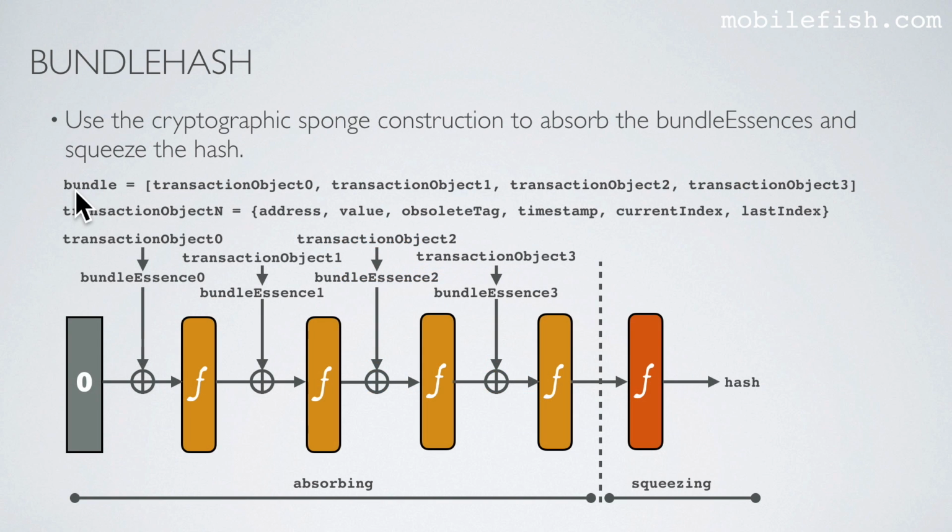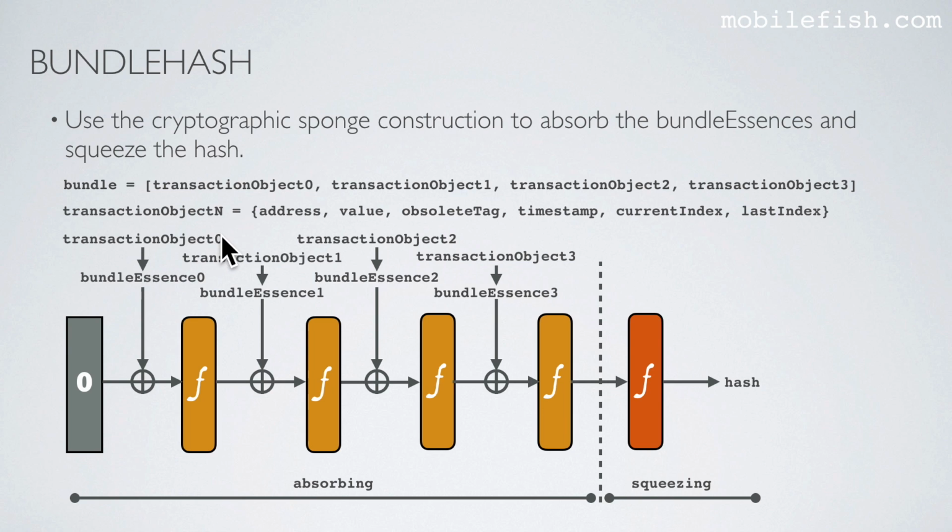A transaction bundle consists of multiple transaction objects. Each transaction object has an address, value, obsolete tag, timestamp, current index, and last index. For each transaction object, the corresponding bundle essence is calculated. This is transaction object 0, and this is its calculated bundle essence.